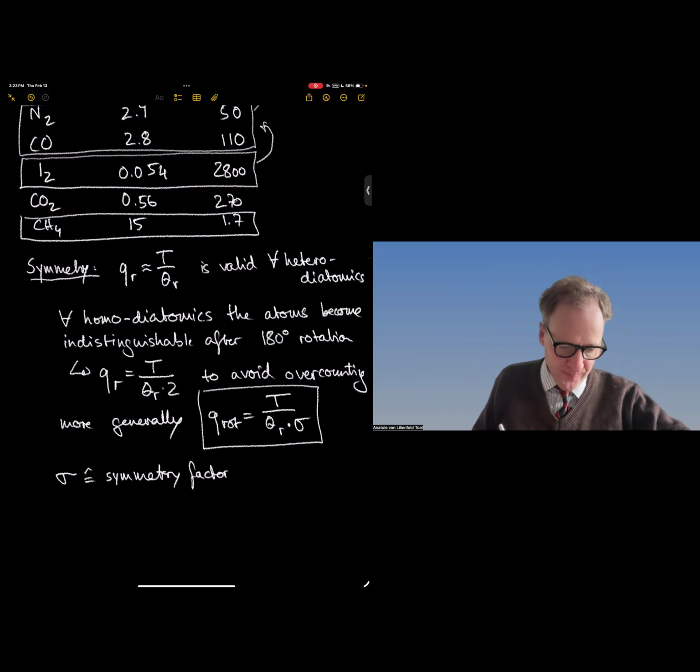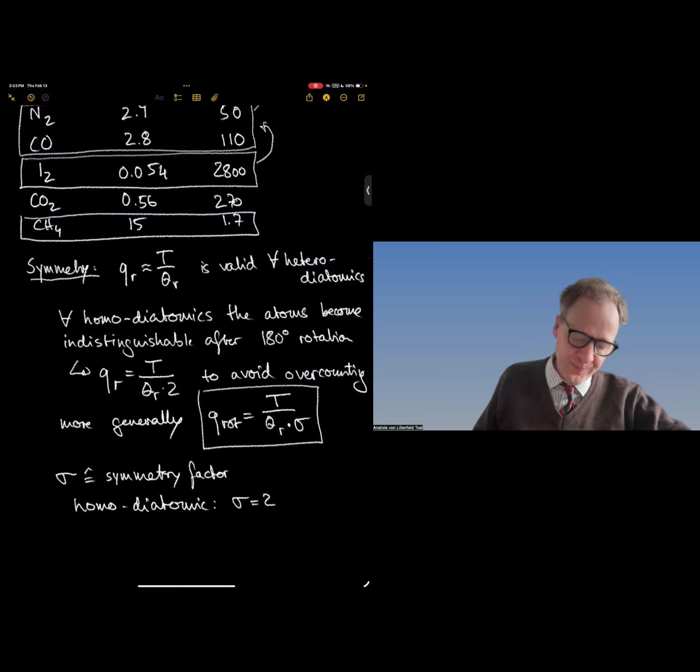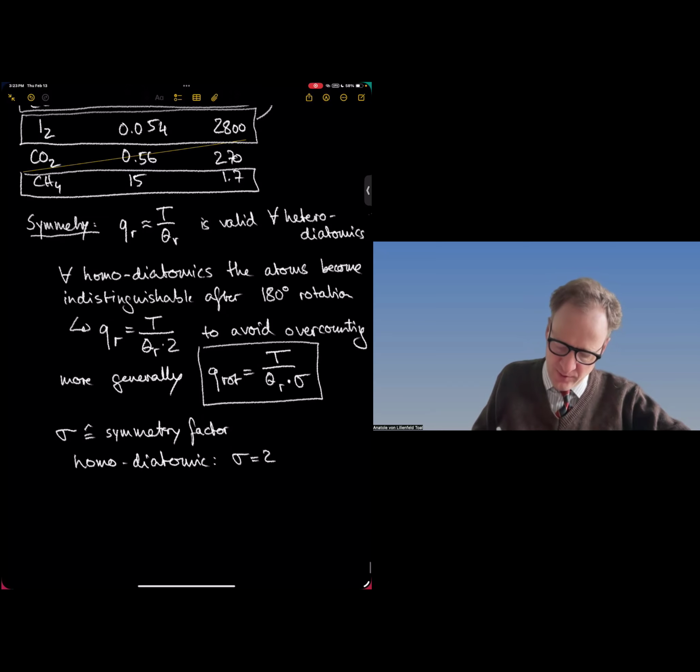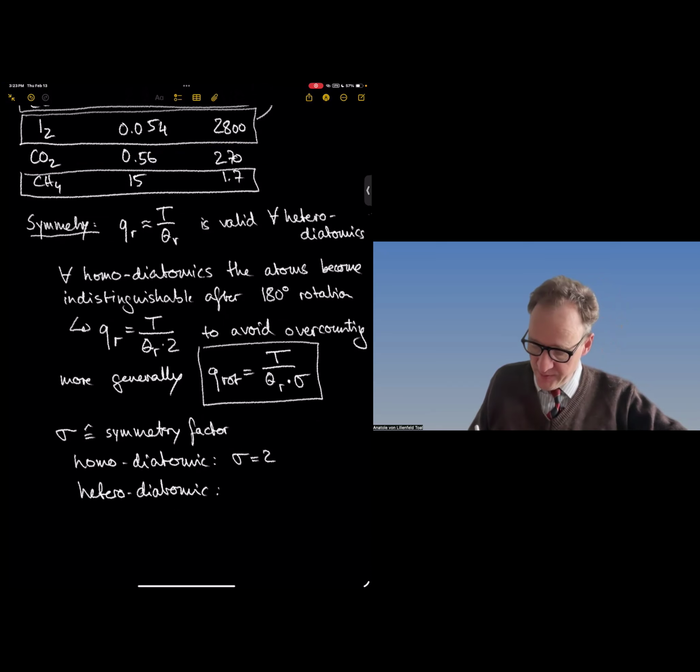And for a homodiatomic, sigma equals 2. For a heterodiatomic, sigma equals 1.